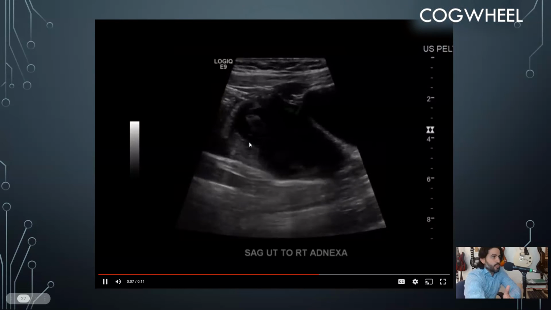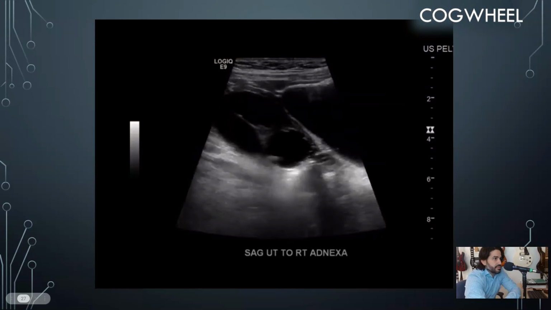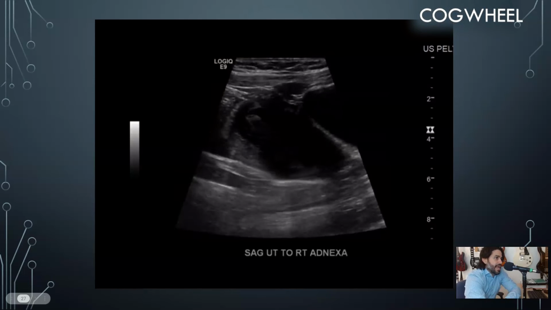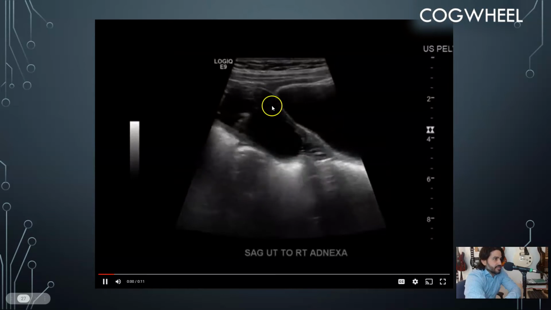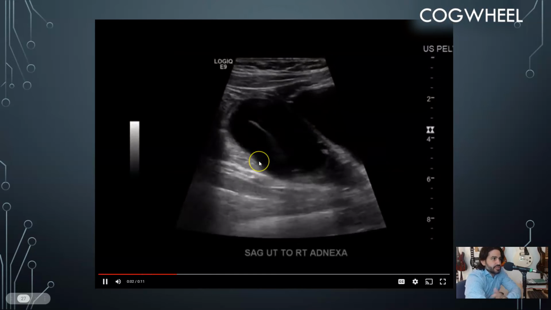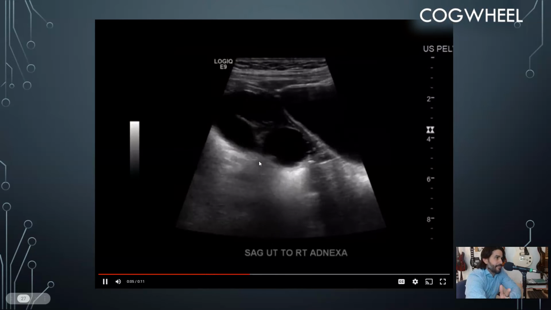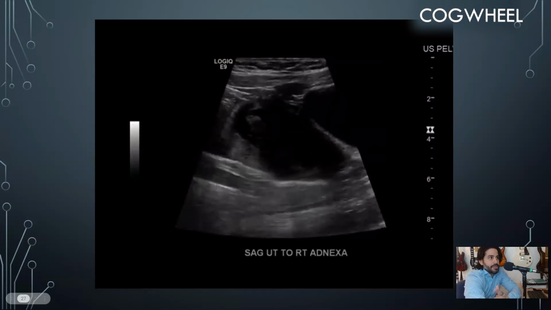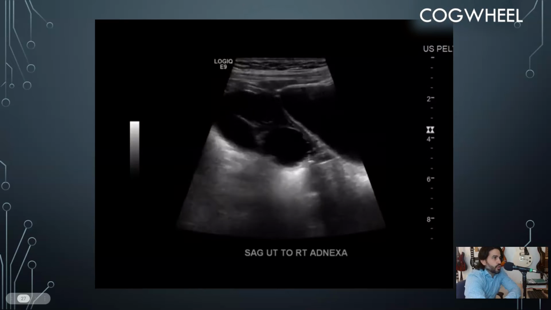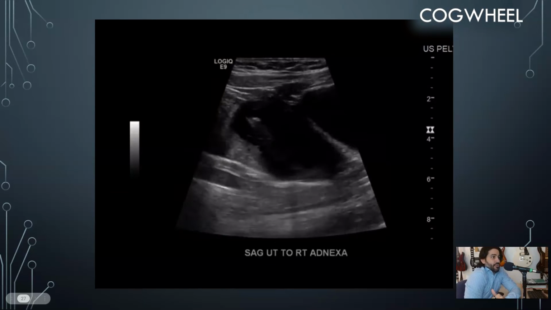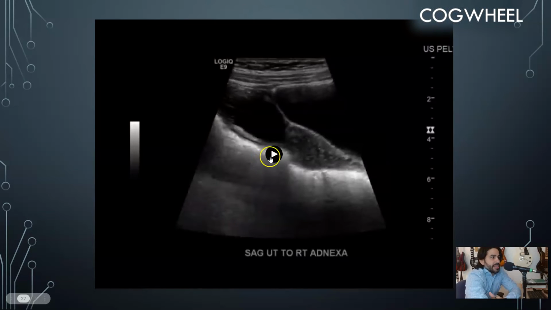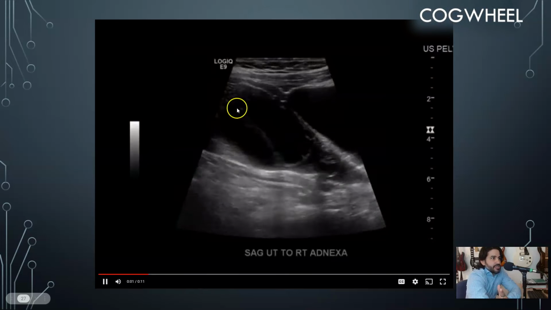Now, do we need the cogwheel sign to diagnose or identify hydrosalpinx? Absolutely not. You have this tubular serpiginous structure in the adnexa. Apart from it being maybe a para-ovarian cyst or a fallopian tube cyst, the most likely diagnosis is a hydrosalpinx.